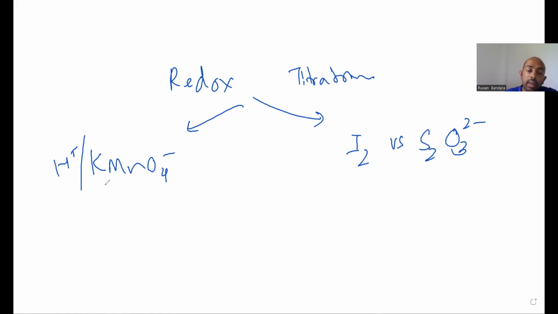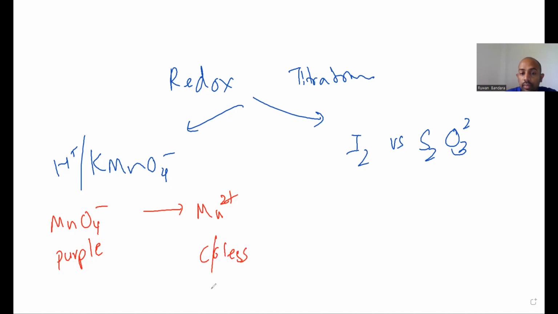So with acidified potassium manganate, during the reaction the manganate ion will form Mn2+. The manganate ion is purple, and Mn2+ is colorless, or you can say very pale pink.